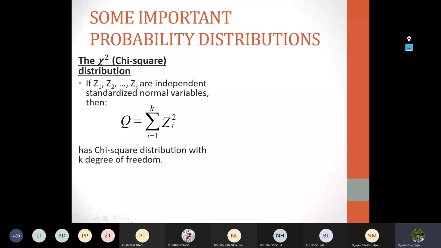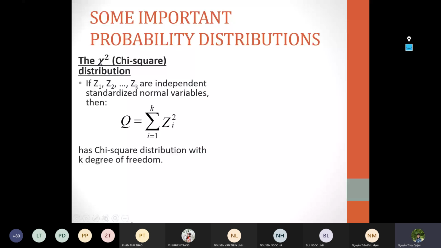For the chi-square distribution, we have another thing that we call the degrees of freedom. Later you will see the importance of the degrees of freedom for a chi-square distribution. So the sum of all squared z will follow a chi-square distribution.